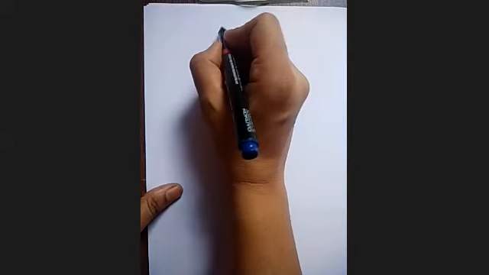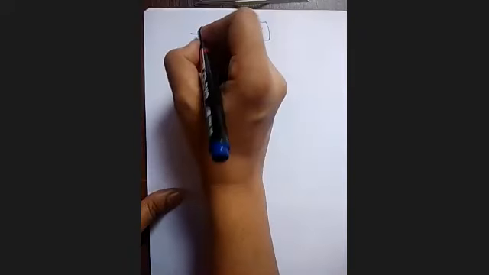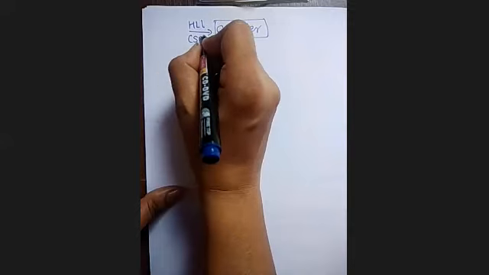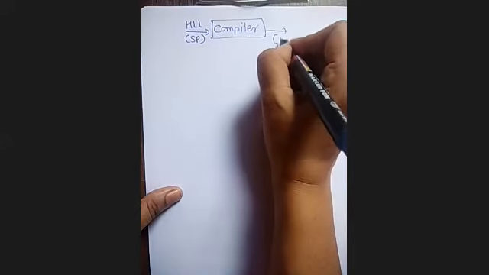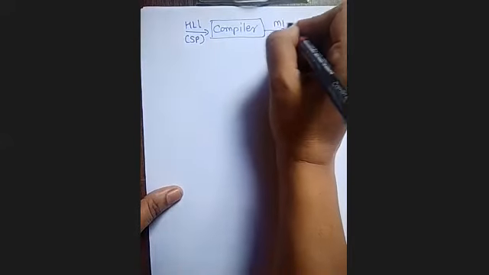So we'll consider the example of the C language. For any language you can consider. Okay, so we know the compiler. The function of the compiler is what? It takes as input a high level language program, which is also known as a what? Source program, and generates as output a what? Target program, which is in machine language. Okay.